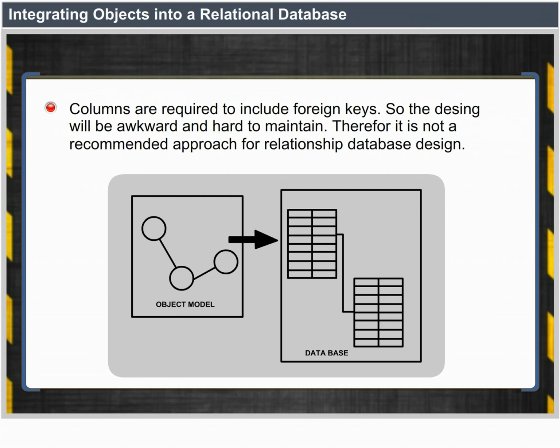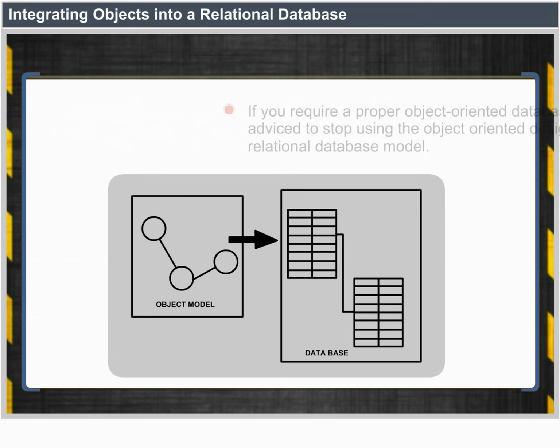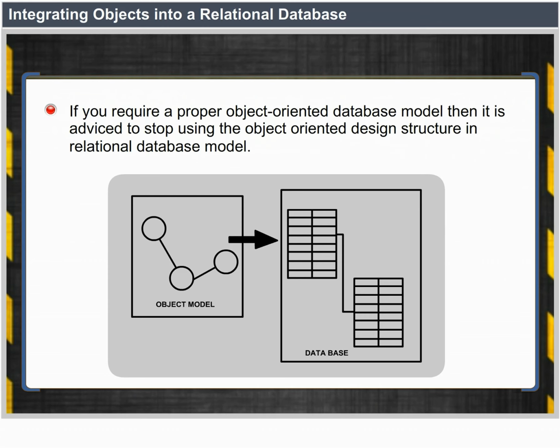Columns are needed for foreign keys. The result is a design that is clumsy and hard to maintain. This is therefore not a recommended approach for relational database design. If you need an object-oriented database, then that's what you should be using rather than trying to force a relational database to behave like one.